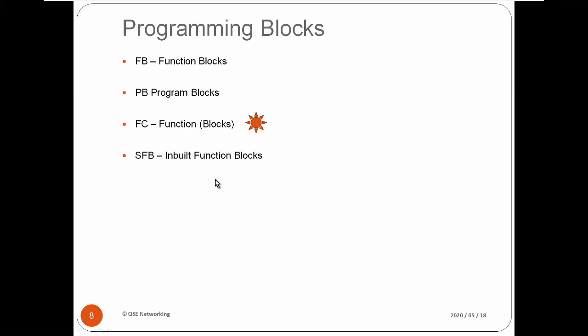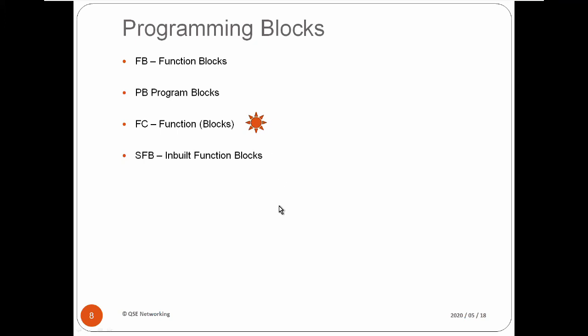And I see at the bottom I put SFBs. In the older S5 PLCs, they used to have what they call program blocks, and those are programs that call function blocks. So it's the same as the new FCs, and you see the little star here. We use FCs now.